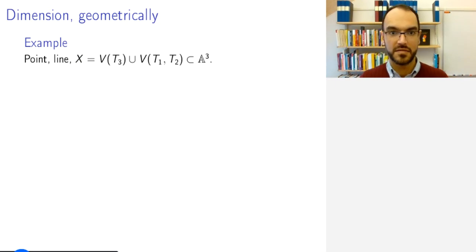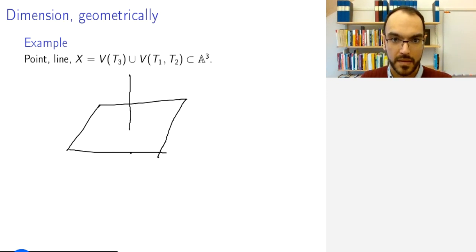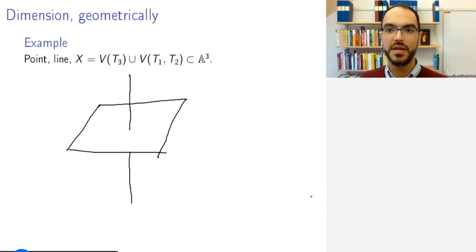Let us now look at the following affine variety, again with respect to the Zariski topology. So it is the union of the x1, x2 plane and the x3 line. What is the dimension of this space? Well, we need to calculate the supremum of the lengths of chains of inclusions of irreducible subspaces. So maybe I start with x0 to be this point.